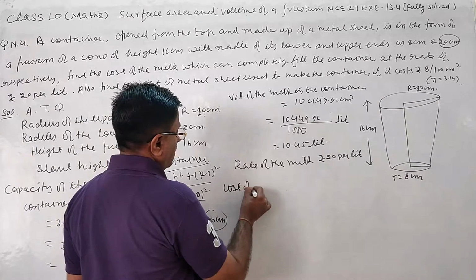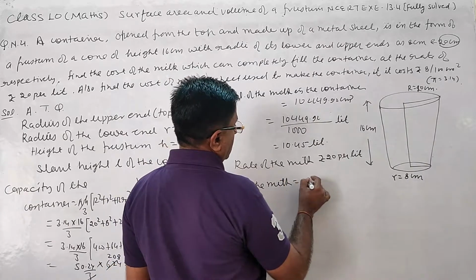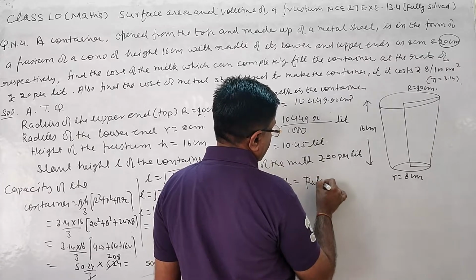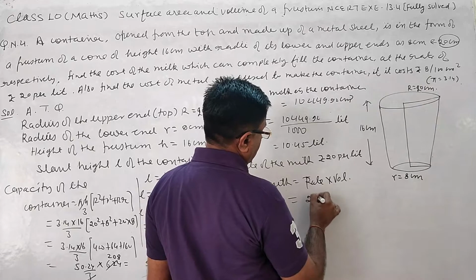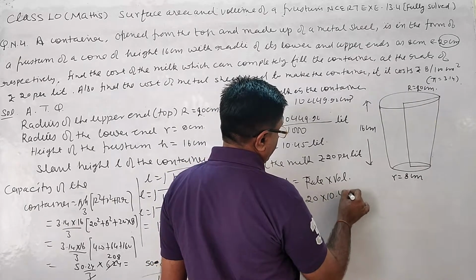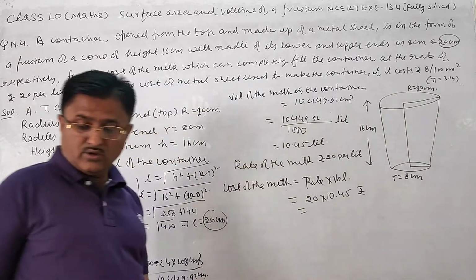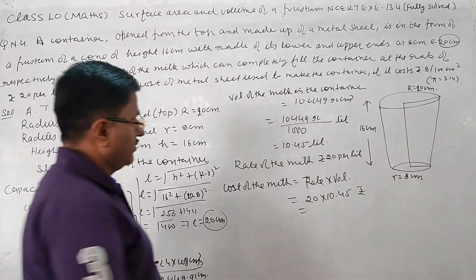So cost of the milk is equal to rate into volume. So rate is 20 and volume is 10.45. The answer will be in rupees. So dear student, if you multiply these two, we get 209.